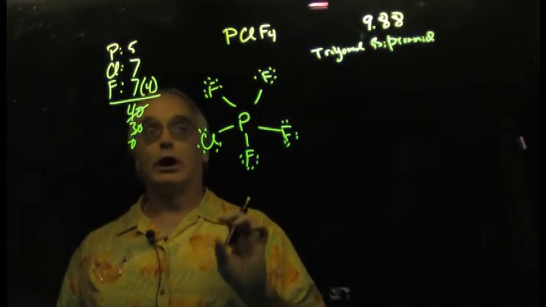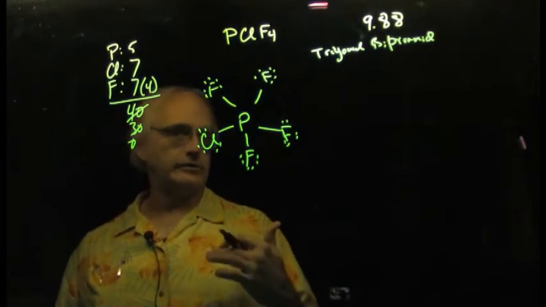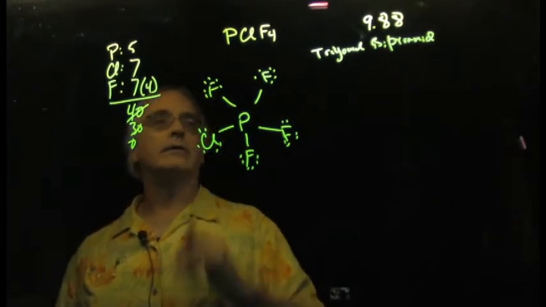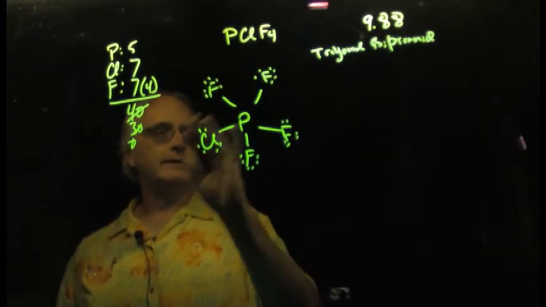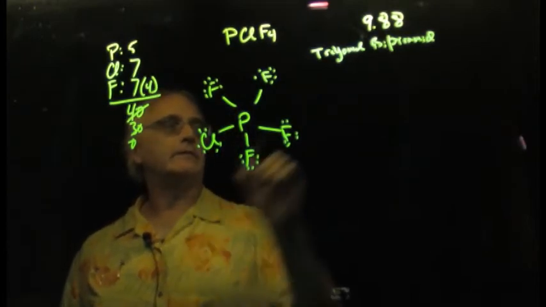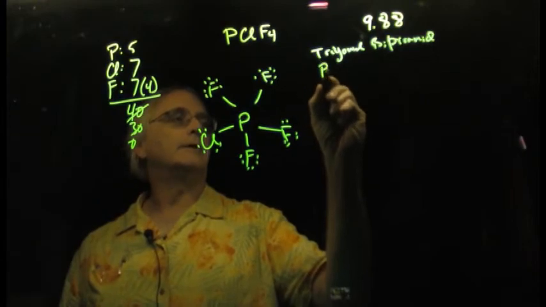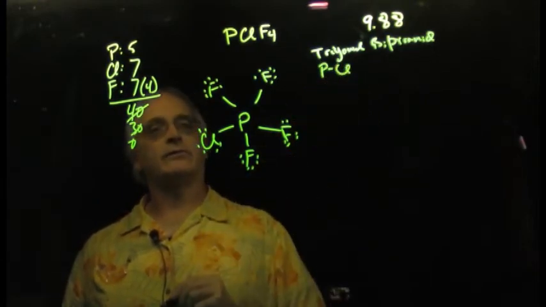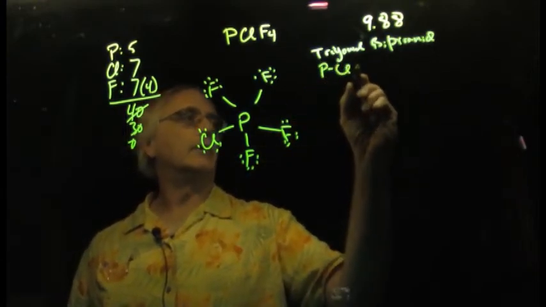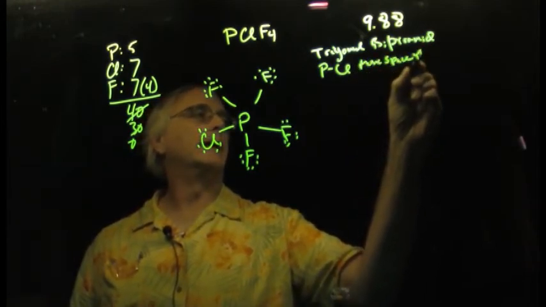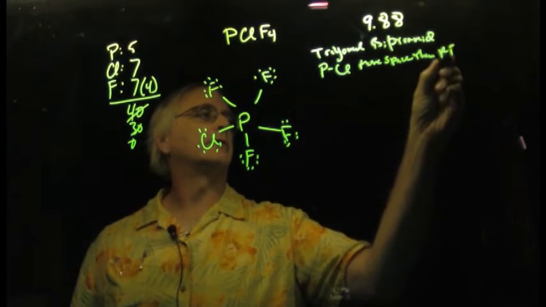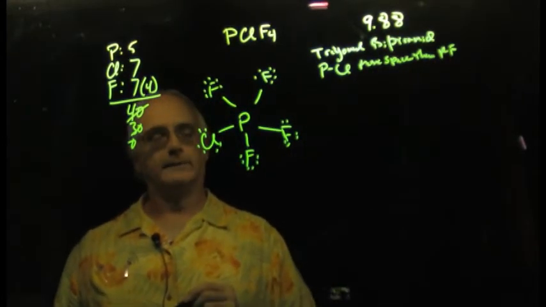Chlorine is larger than fluorine. It's a larger atom since it sits in row 3 rather than row 2 of the periodic table. And so of the two types of bonds in this molecule, I would be pretty confident in saying the phosphorus-chlorine bond will require more space than the phosphorus-fluorine bond will.